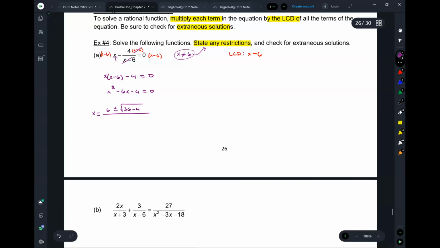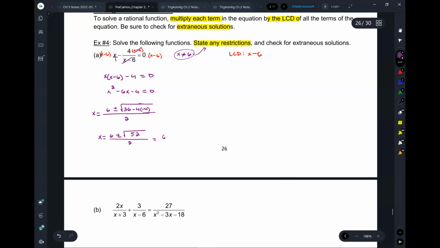36 minus 4 times negative 4 all over 2a. 6 plus or minus, this here we're going to have, I'm sorry, this was a minus. So 36 plus 16, that'll be 52 all over 2.